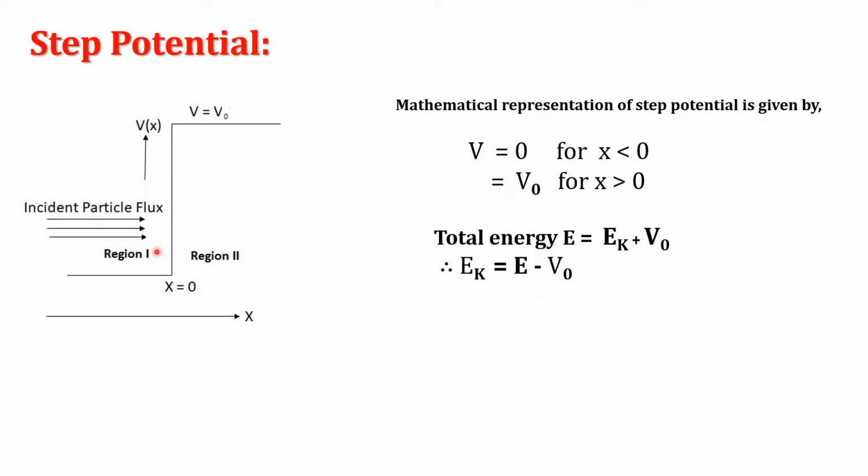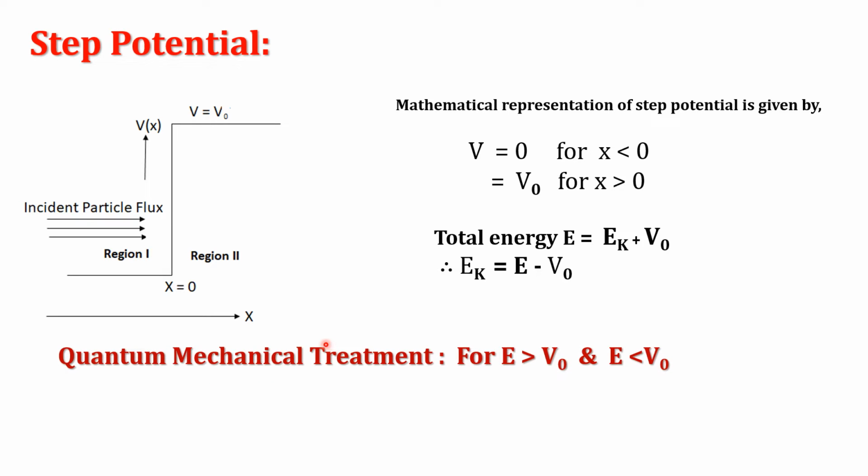Here for region 1, potential energy V is 0, therefore the total energy is only kinetic energy. While in region 2, when the particle enters region 2, the kinetic energy is reduced, and that is E minus V0. Hence we study the quantum mechanical treatment for the two different cases, E greater than V0 and E less than V0.